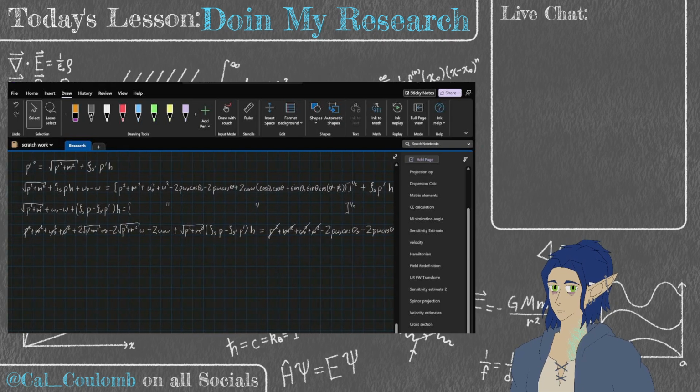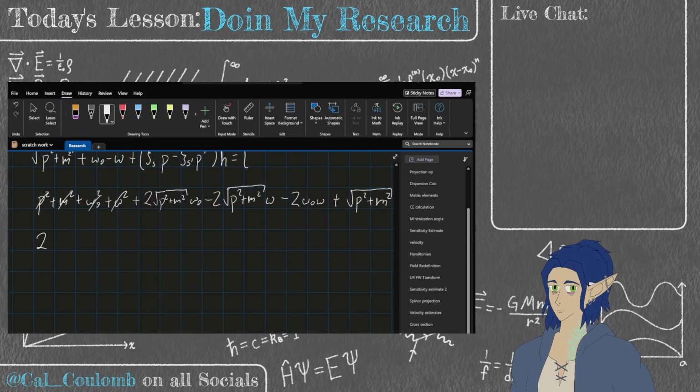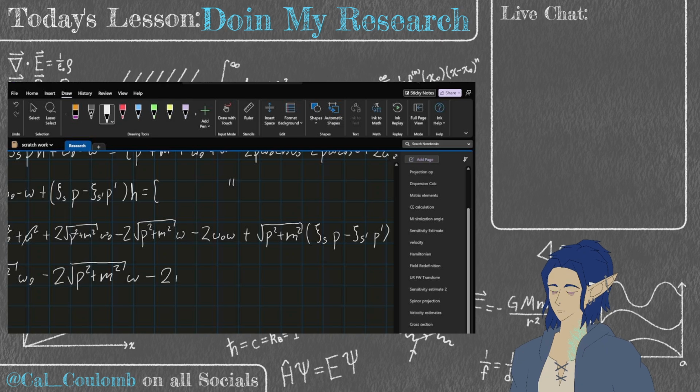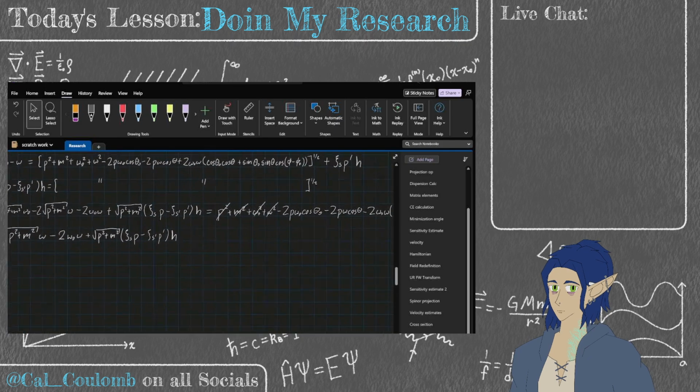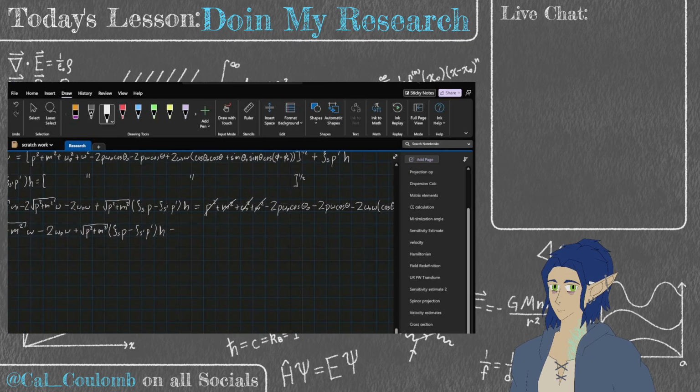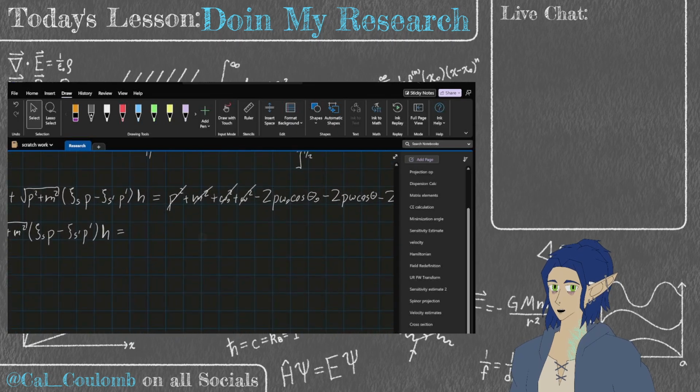So we'll take 2 square root of p squared plus m squared omega naught minus 2 square root of p squared plus m squared omega minus 2 omega naught omega plus the square root of p squared plus m squared times cs p minus cs prime p prime times h is equal to, and then plus, I should say.